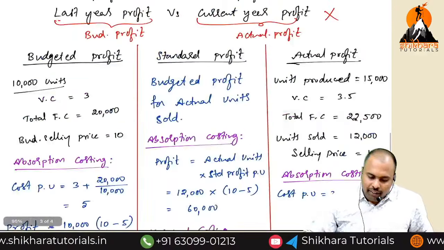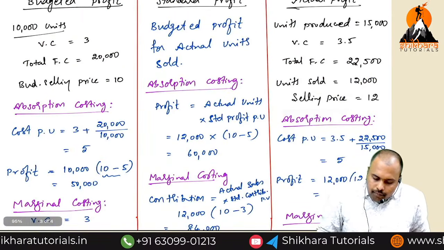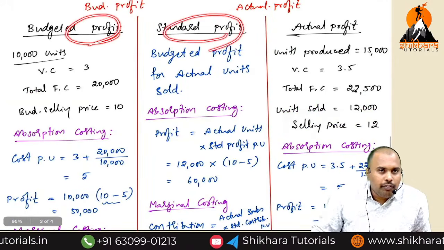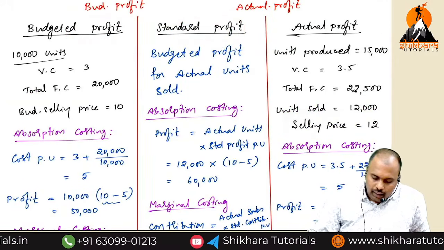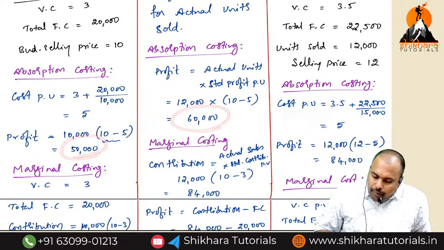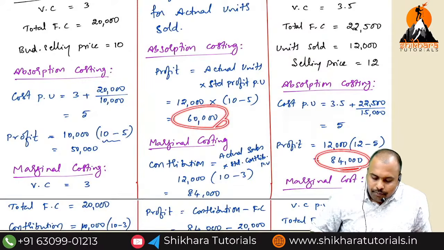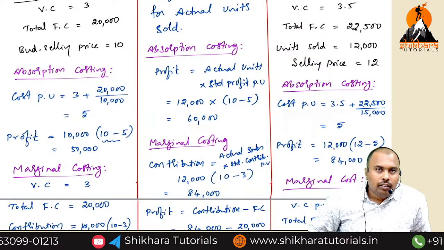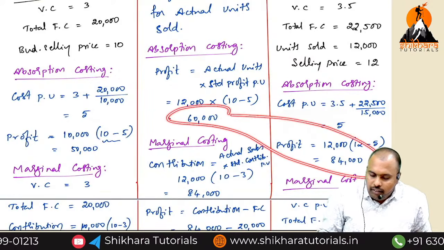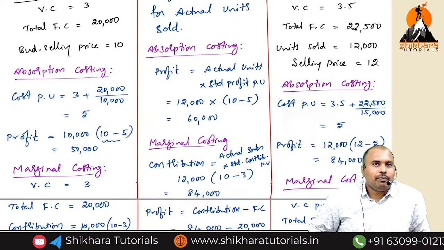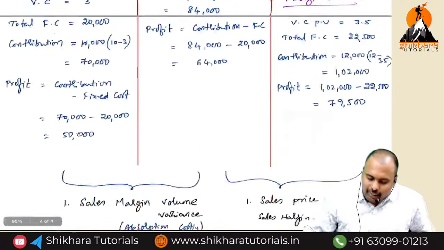Because if you see, how much is the difference between budgeted profit and standard profit under absorption costing? 10,000. How much is the difference between this and this? From here to here, 24.